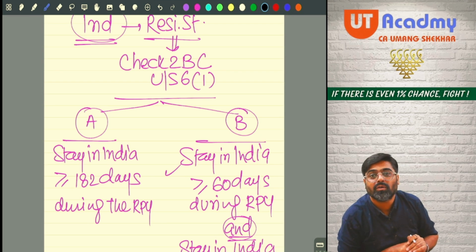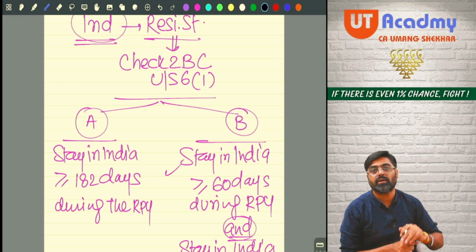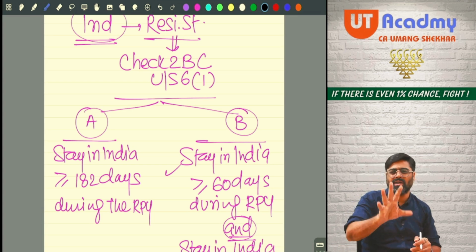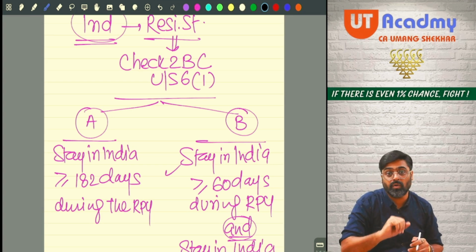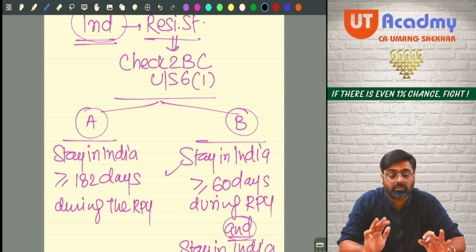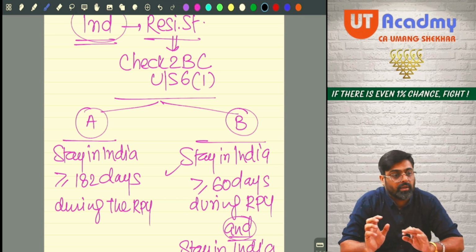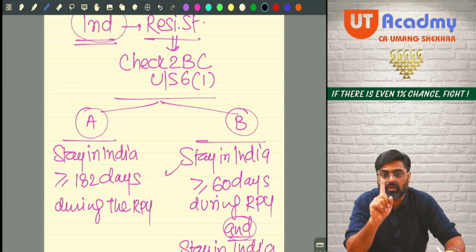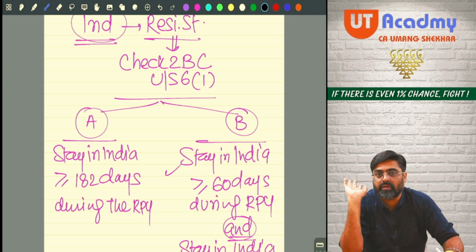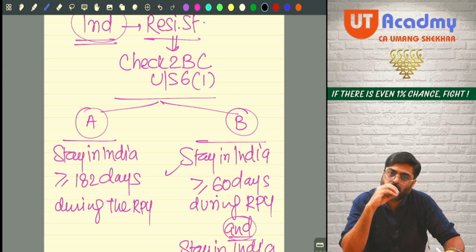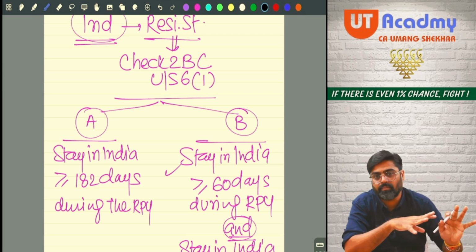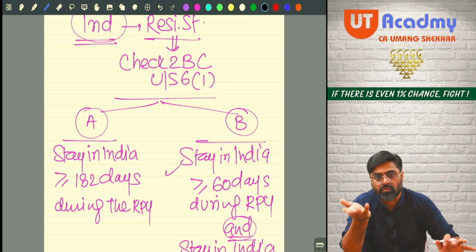Yes or no? So we'll take our discussion ahead from here tomorrow, and in tomorrow's lecture the majority of the chunk will finish, and tomorrow we are going to start solving the questions. So from tomorrow onwards, in all the lectures you will be sitting with your ICAI study material and calculators. Because we are supposed to cover all the questions of the ICAI study material, and a few extra questions which I have in my question bank, which I will forward on the group.